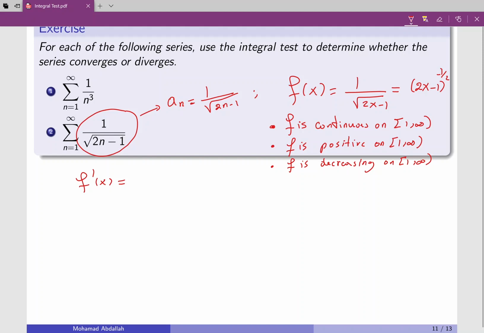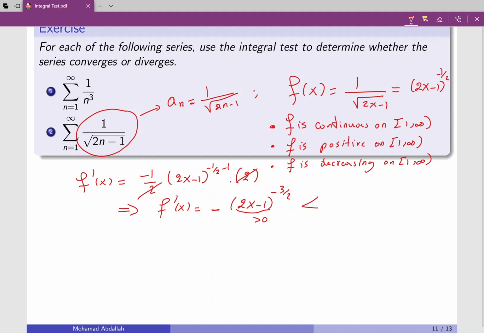So I apply the chain rule, that's minus 1/2 times 2x minus 1 to the power minus 1/2 minus 1, multiplied by the derivative of the inside, which is 2. So that means f prime of x is equal to, that 2 cancels with that 2, so that's minus, and here you're going to have 2x minus 1 to the power negative 3/2. Okay, this is a positive quantity. You raise it to any power, it's going to be positive. You have this negative, so the result is less than 0. That means f is decreasing.